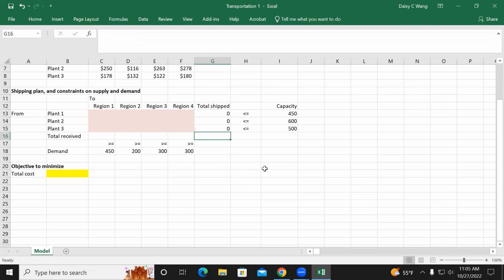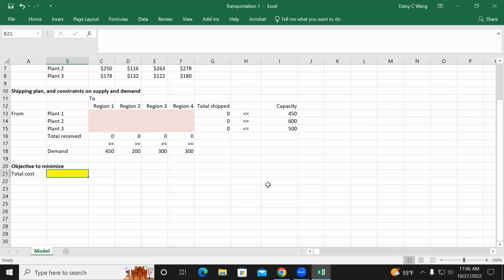And then for the next area, from plane 1 ship to region 1, plane 2 ship to region 1, plane 3 ship to region 1. When we add it up, it will be the total received for region 1, and it should be greater than or equal to the demand. So just drag it over.